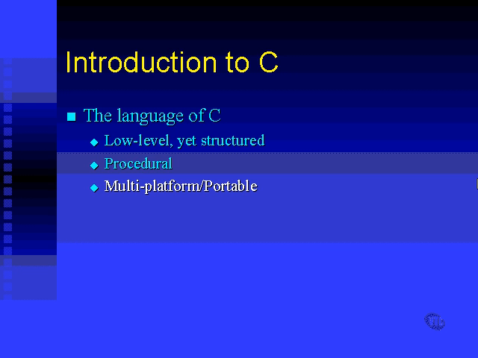One of the very interesting things about C is that it is a multi-platform language. You can write a C program in one operating system, such as DOS or Windows, and the program that you've written will then be able to be ported, note the word portable, to another operating system, such as Unix, or the Macintosh, or OS/2, or something similar.